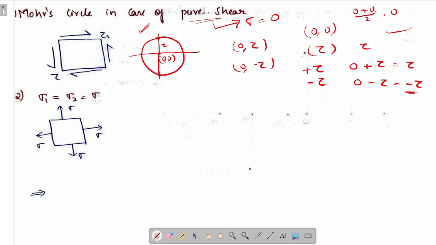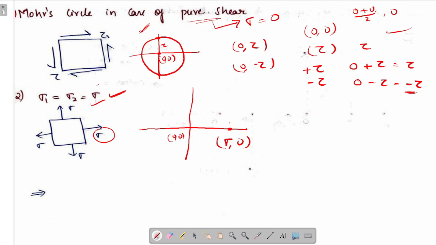Now let's see how to draw the Mohr circle in this condition. In this particular condition, sigma x and sigma y are both equal to sigma, and there is no shear stress acting. Here sigma is tensile load, so it will be somewhere here, (sigma, 0), and sigma y is also here only, and there is no shear stress.